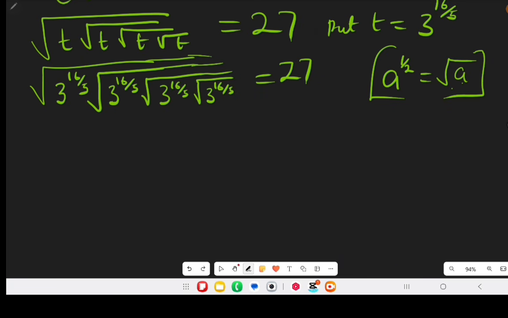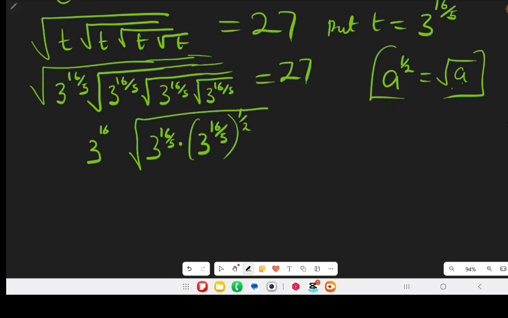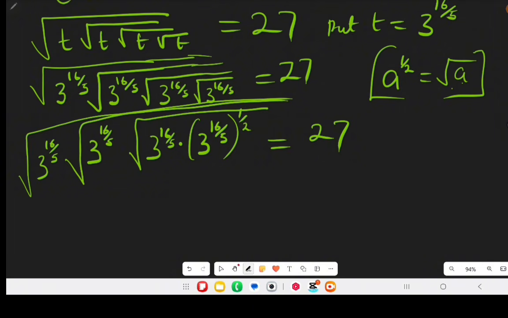So if we apply that, we have 3 raised to the power of 16 over 5, all raised to the power of 1 over 2, times 3 raised to the power of 16 over 5, all in roots, times 3 raised to the power of 16 over 5, all in bigger roots, and 3 raised to the power of 16 over 5 in the biggest root equals 27.